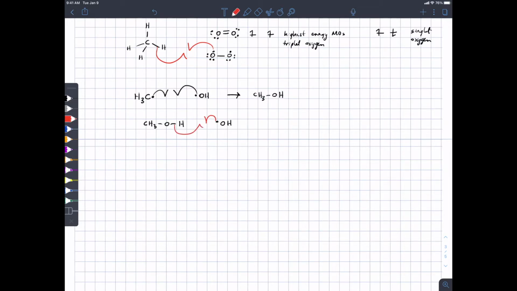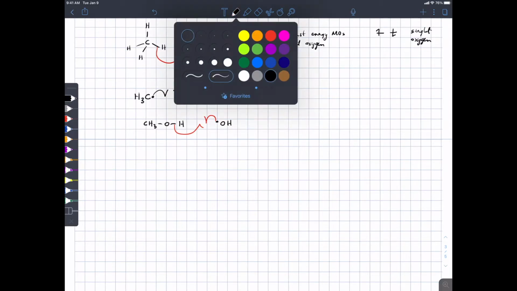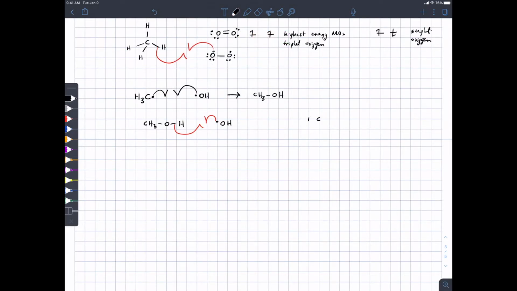That would make water out of the hydroxy radical and would make the following methoxy radical. And once you've got that, some interesting fragmentation can happen where you generate a pi bond and you release a hydrogen atom.